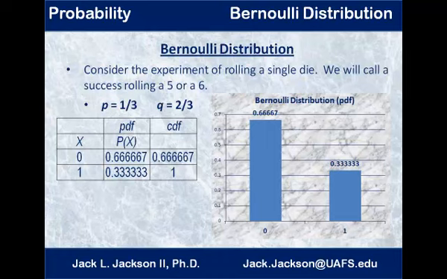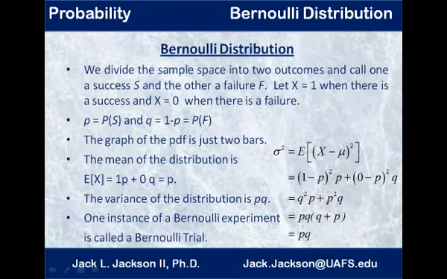And when we look at our graph, we're going to have two bars, one above 0, one above 1, and the heights of those bars are Q and P. The height of the bar above 0 is Q, the height of the bar above 1 is P. So again, the idea of a Bernoulli distribution is we divide the sample space into two outcomes, one of which we call a success and everything else is called a failure.